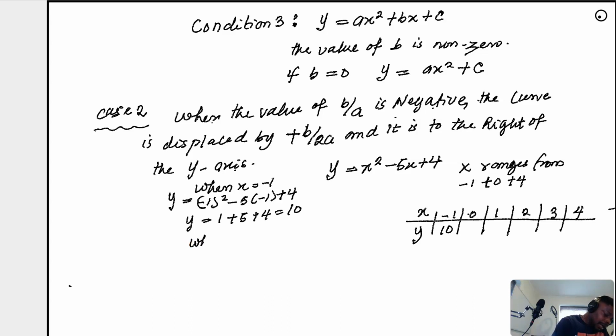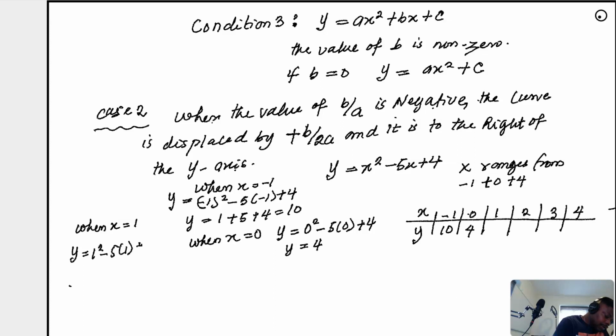So when x is equal to 0, this is 0 squared minus 5 times 0 plus 4. So y is equal to 4. Then when x is equal to 1, this is 1 squared minus 5 times 1 plus 4. This is 1 minus 5 plus 4, which is 0.